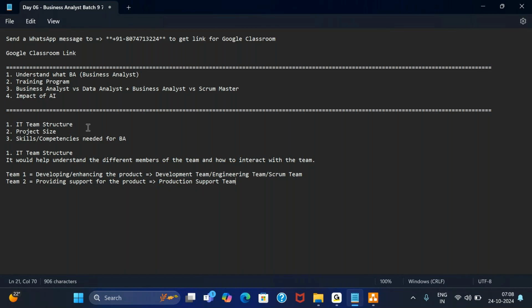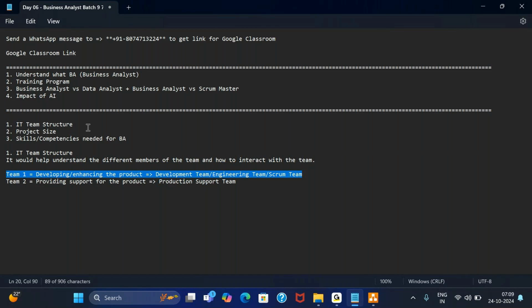Now, our focus, where BAs are heavily involved, is in the first type of team structure, the teams that are responsible for developing or enhancing the product, because this is where a BA will contribute. A BA will not just work with the stakeholders to get the requirements, but also work internally with the team members to ensure that they understand the requirement, so that they can accordingly write code, do testing and so on.